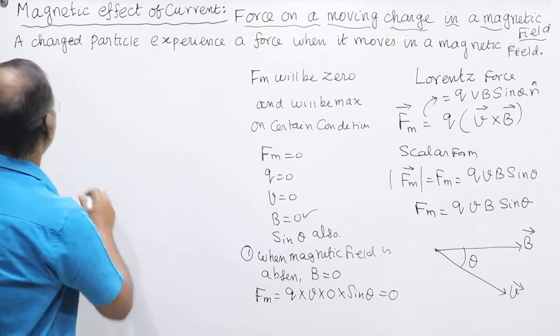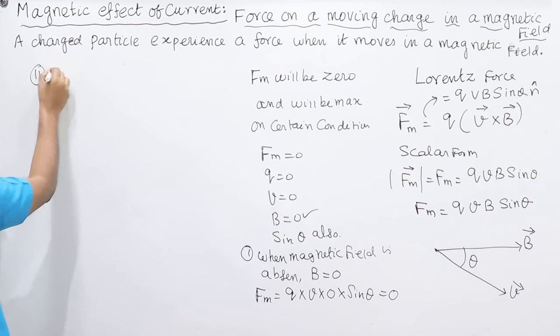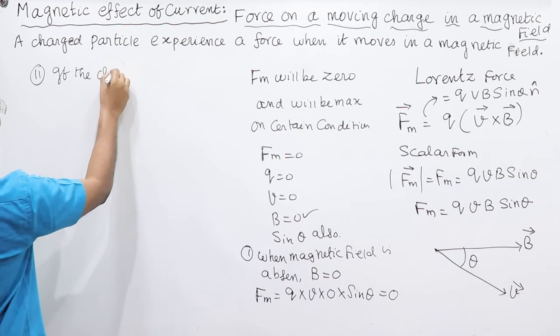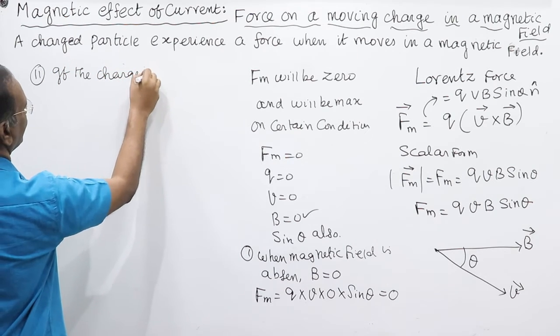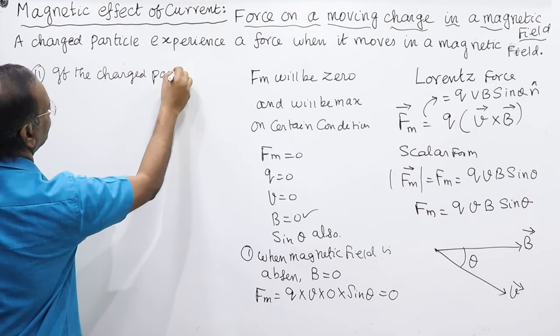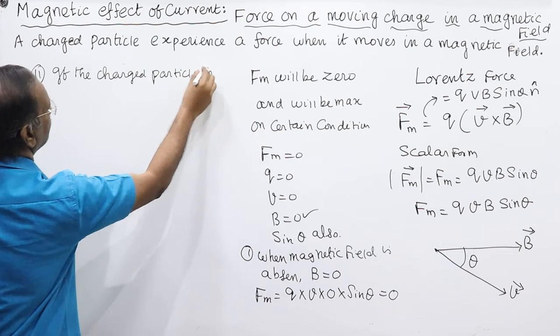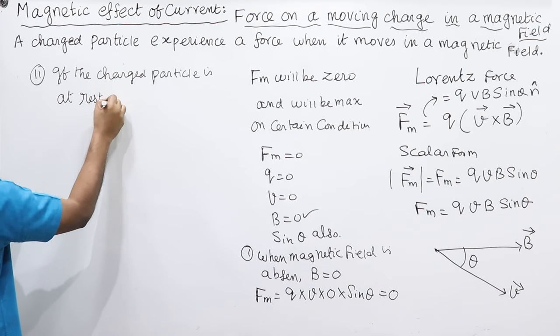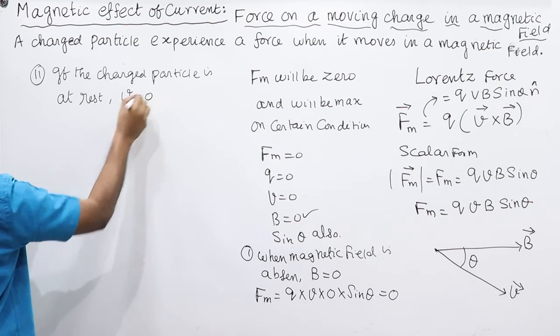Second one, if the charged particle is at rest, that is, the velocity of the particle is equal to 0.